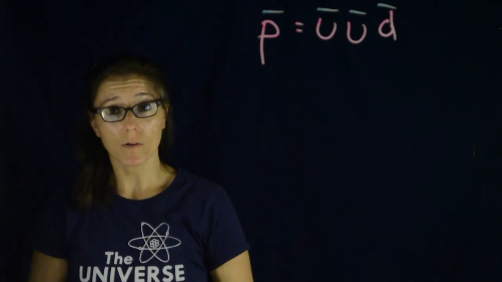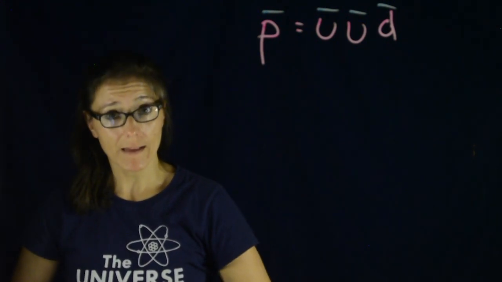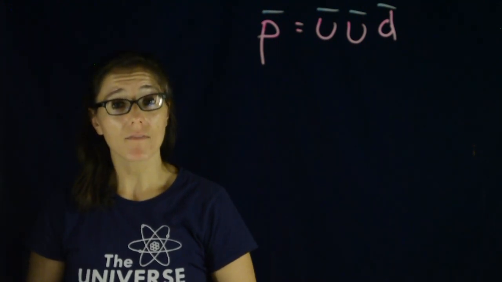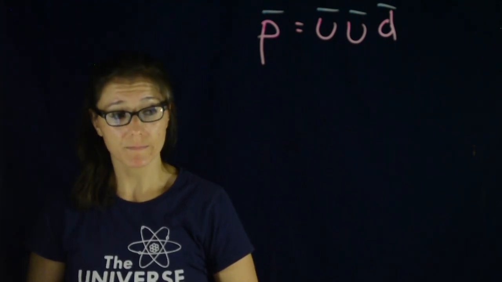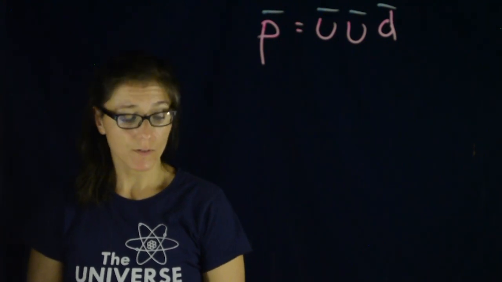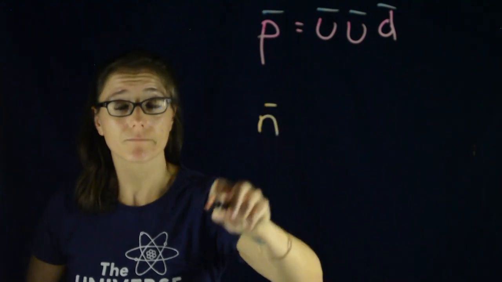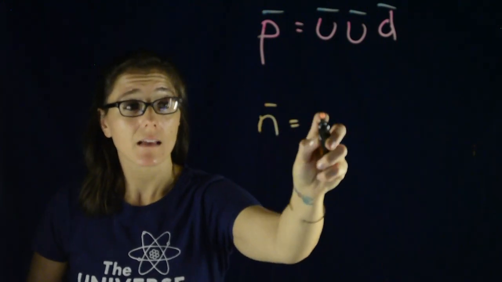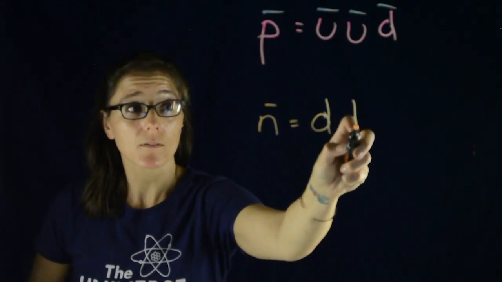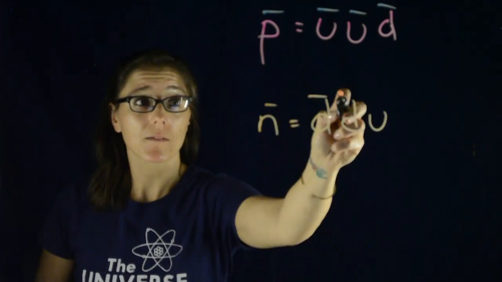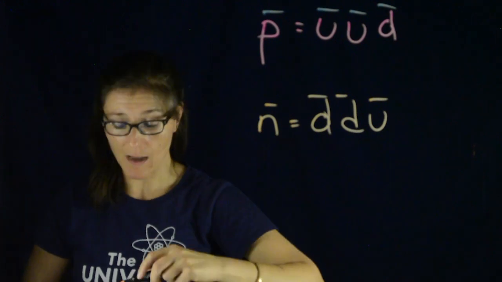So antiparticles have the exact same mass as their paired particle, but they have completely opposite charge. What's interesting about this is that there's also an antineutron. If a regular neutron is a down, down, up, an antineutron is an anti-down, an anti-down, and an anti-up.